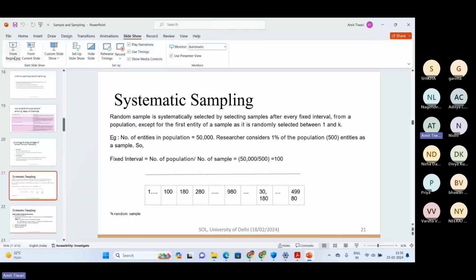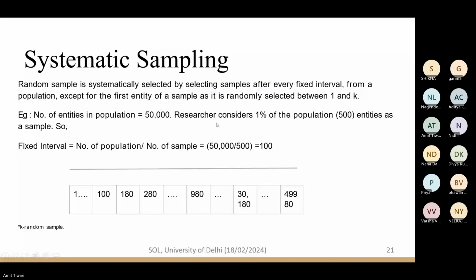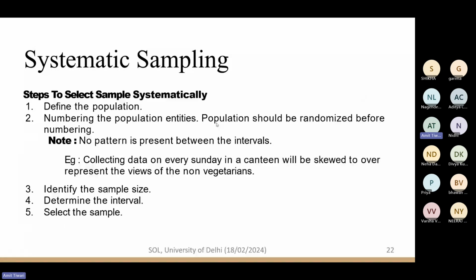Meanwhile, let's move forward. The steps to select a systematic sample: first of all, we have to define the population, and then number the population entities. As I told in the previous example, we were taking the 80th person in every fixed interval.